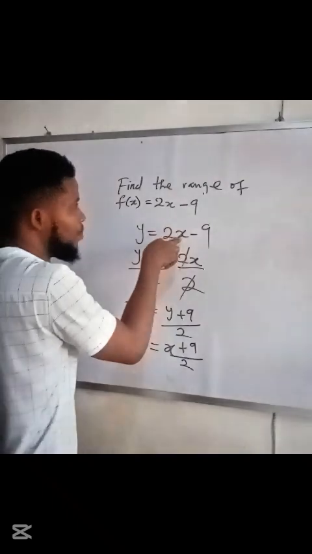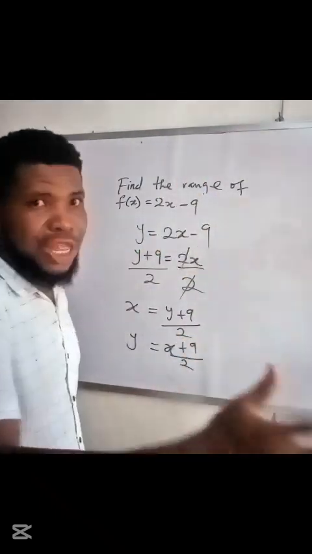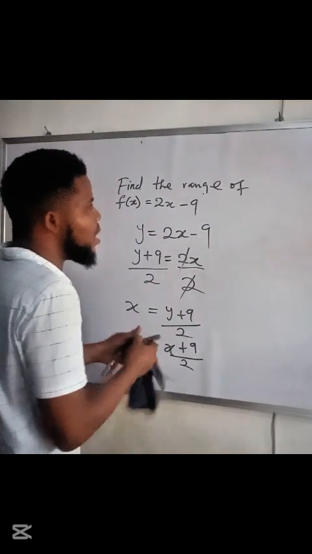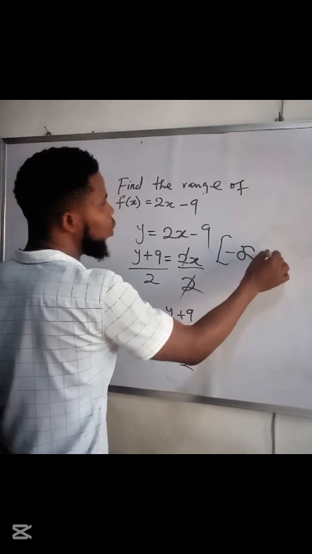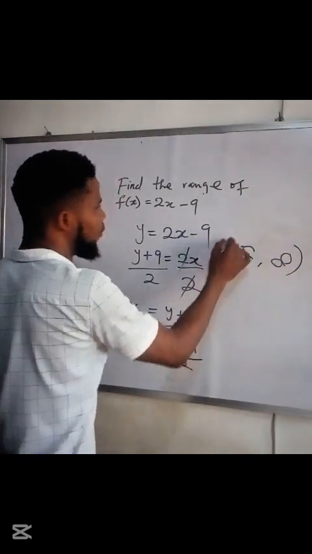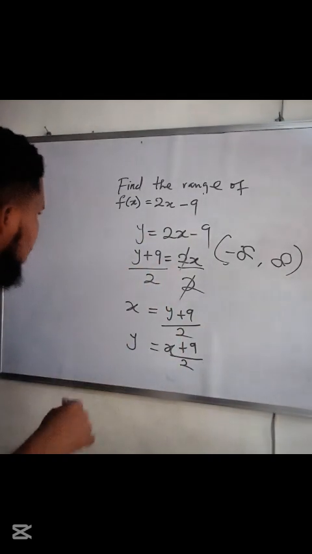Even if I put minus 1, minus 2, I'm still going to get an answer, like minus 5, minus 3. The answer can never be 0. So for this one, the domain is what? Actually from negative to what? Positive infinity. Please take note of the sign I'm using. Alright?